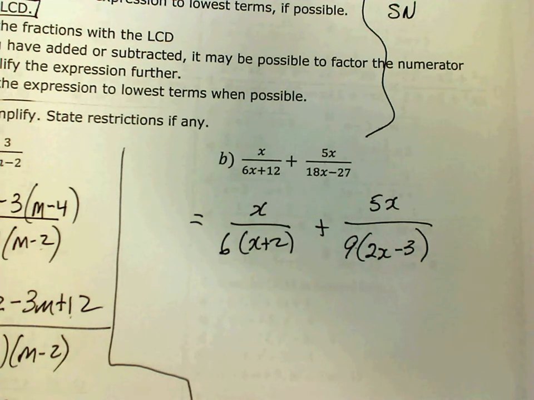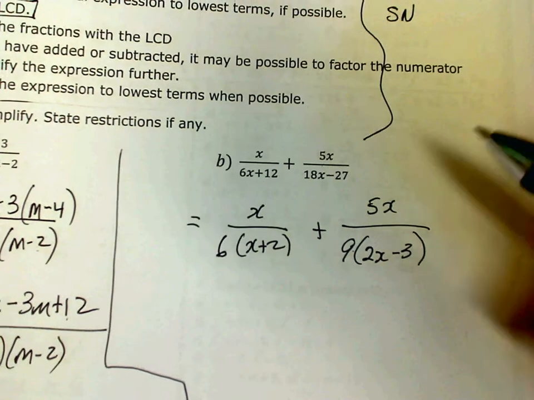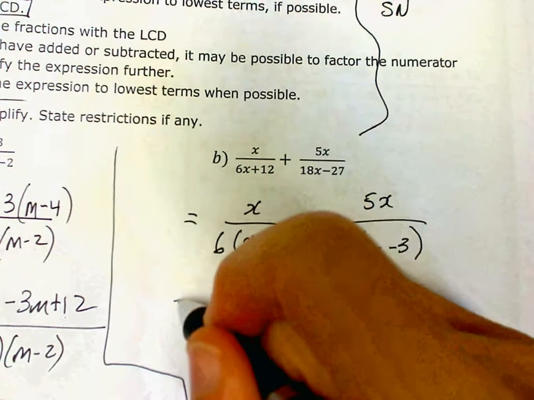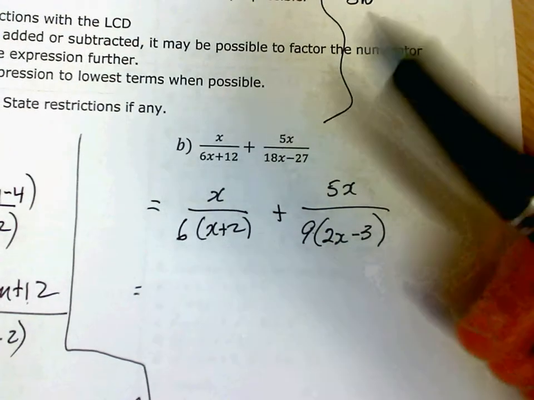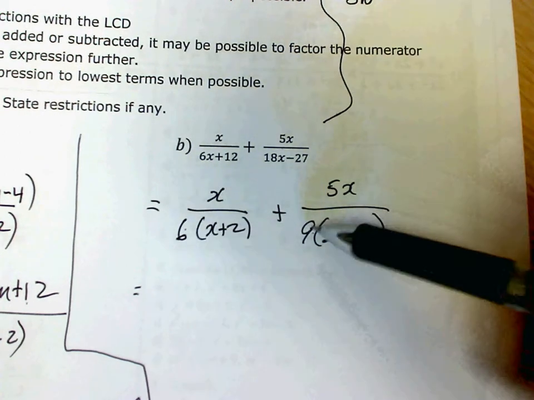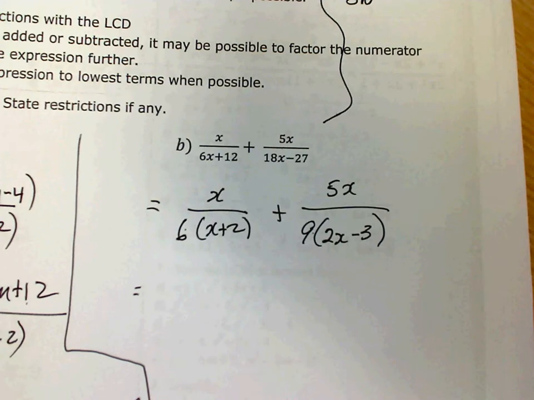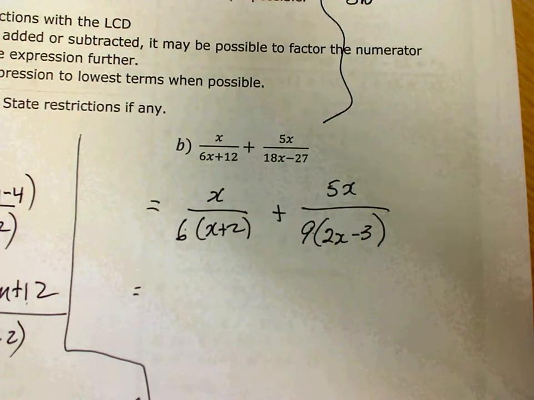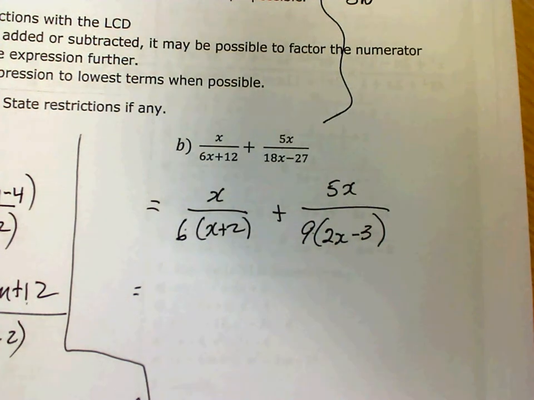Let's find our lowest common denominator now. We need a number that is divisible by 6 and divisible by 9. What do you think? We need a number that 6 will go into and 9 will go into. 18 is our lowest one.